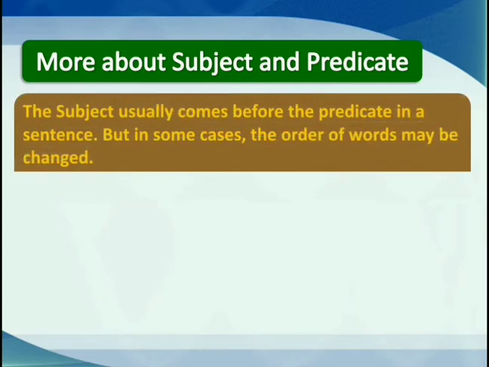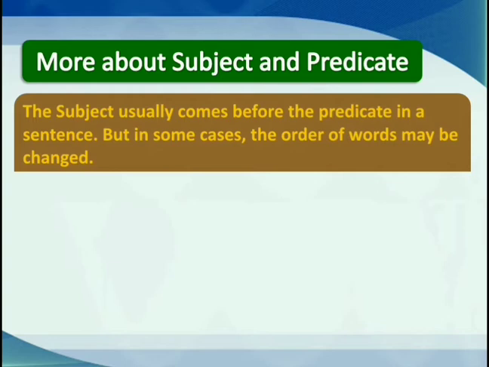Let us learn something more about subject and predicate. When we talk about the subject, it usually comes before the predicate in a sentence. Let us go back and revise all the previous examples, whether we are talking about Rani is eating banana, the horse ran in the field, or the cat is drinking milk.